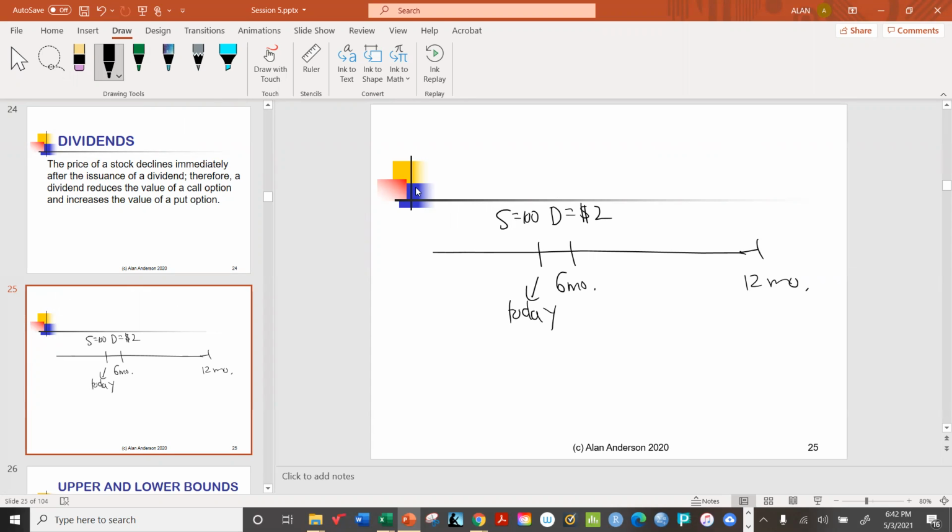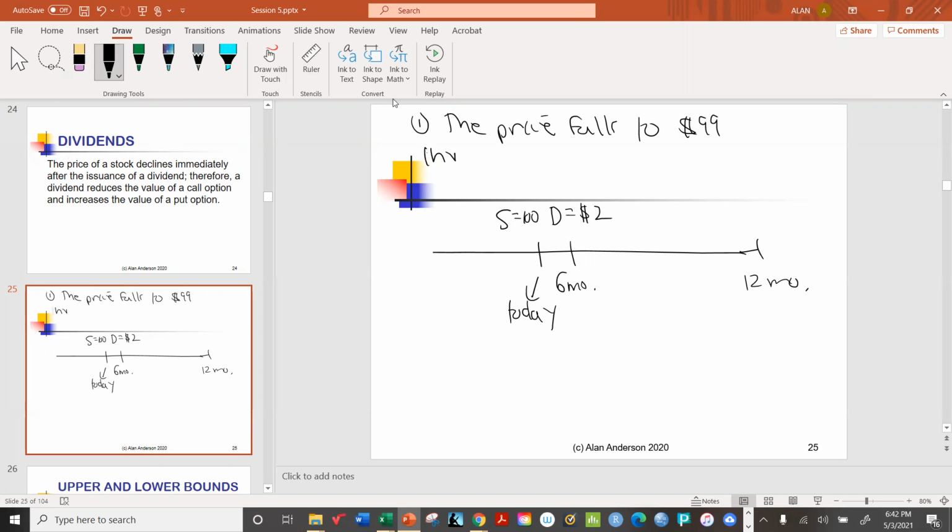So it's one day before the ex-dividend date. So here's what we could do. In the first scenario, the price falls to 99.